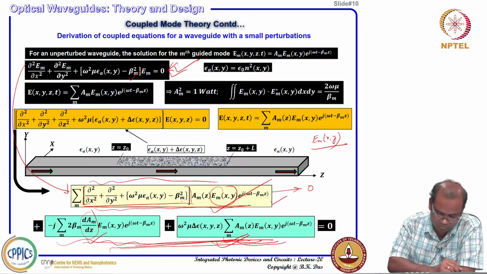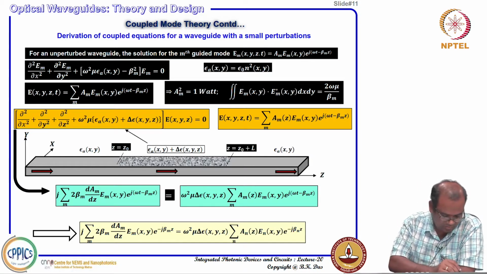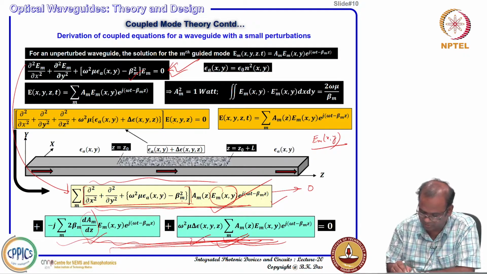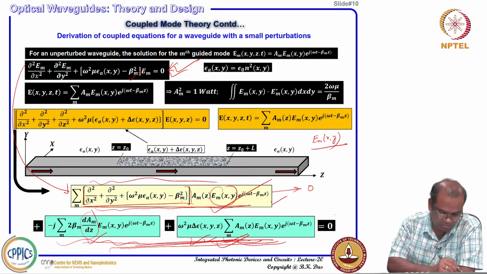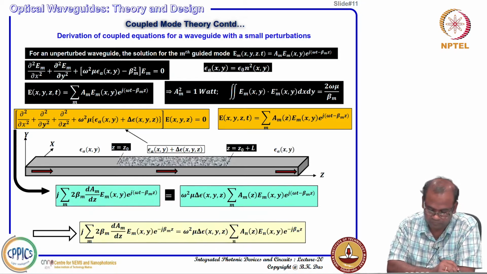Okay. So, now you see this is the equation we get, because in this equation there is a minus sign and there a plus sign, and I take this one to the right hand side. So, if I take it to the right hand side, what do we get? Okay.